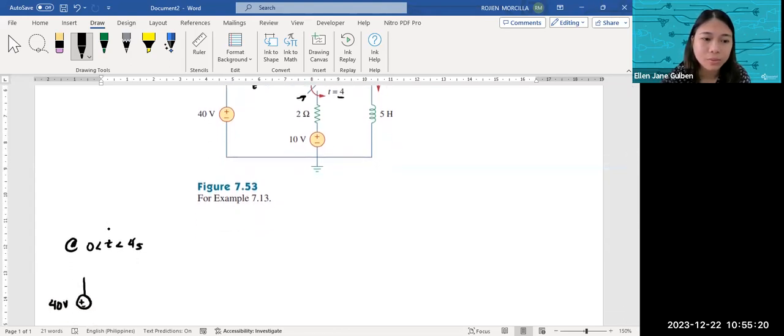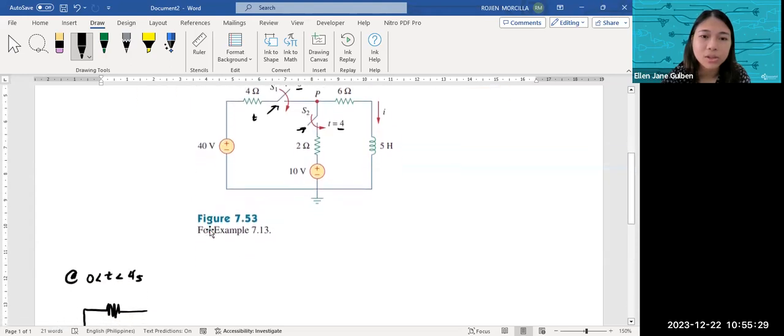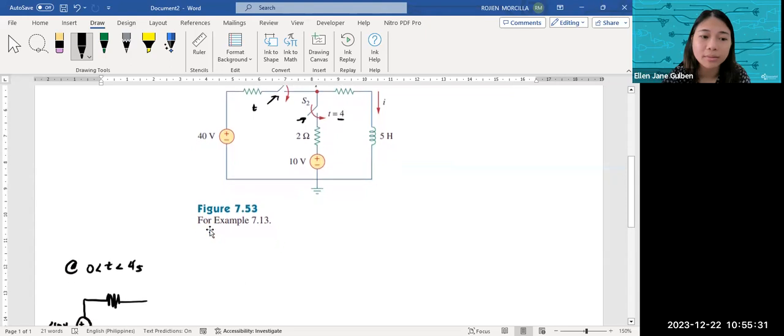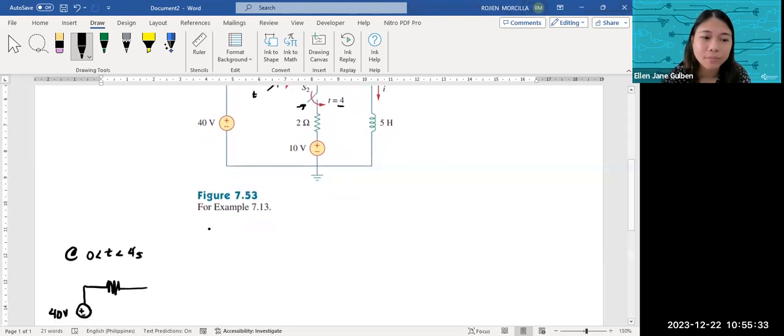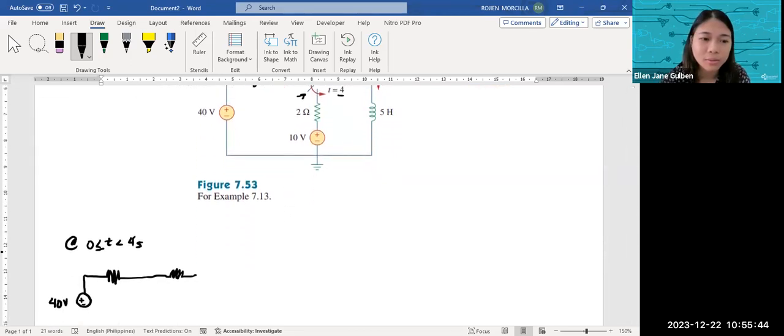We have 4 ohm. Okay, the switch 1 is already closed, but switch 2 is not yet closed. Okay. Then you have another resistor right here, that's 4 and 6. 6 ohm, and then 1 inductor right here.